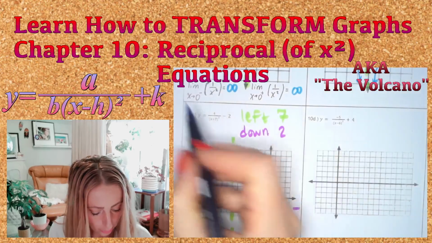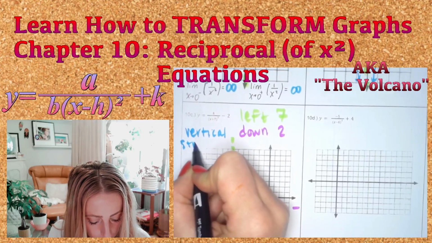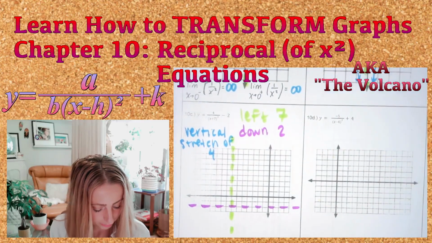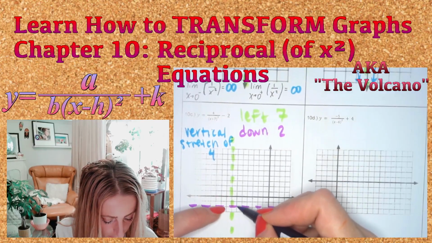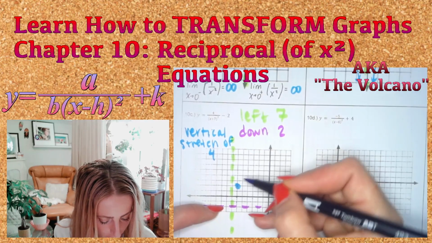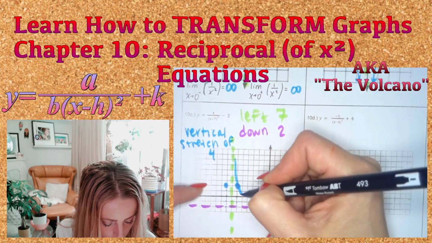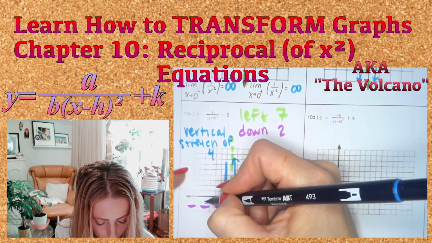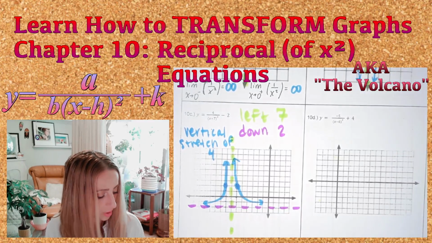Then the 4 is a vertical stretch of 4. There's no flipping, so I'm going to be in these two quadrants. Instead of over 1, up 1, I'm over 1, up 1, 2, 3, 4. Over 1, up 1, 2, 3, 4. Good enough. And there you go.